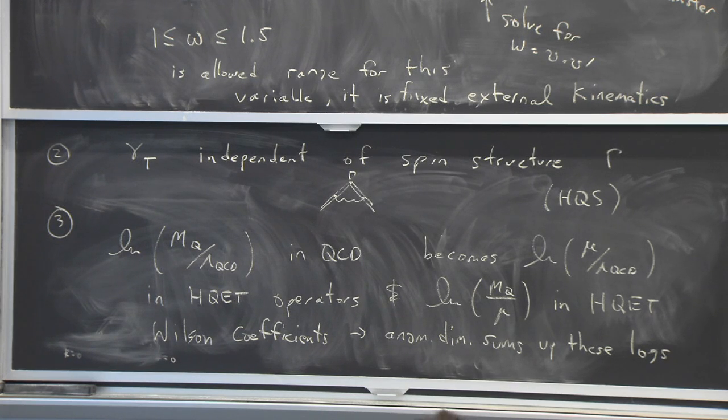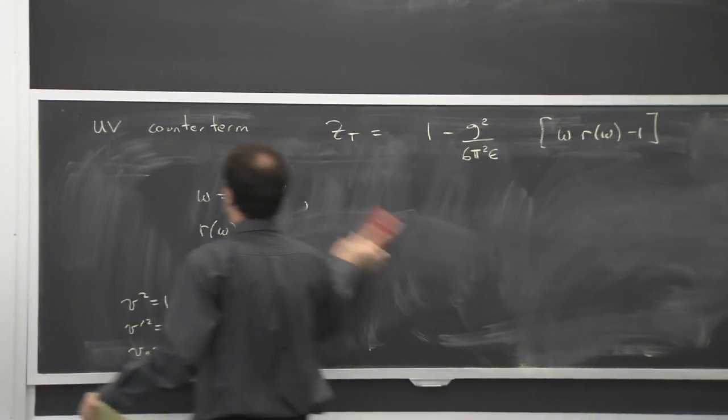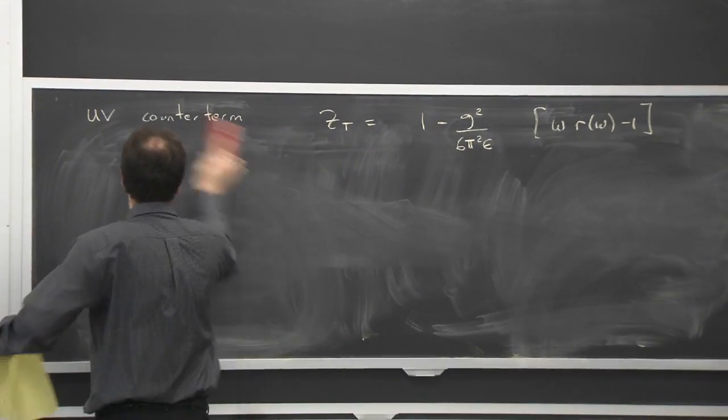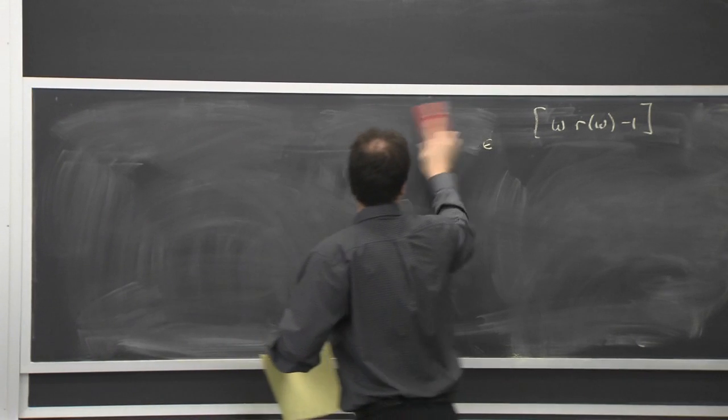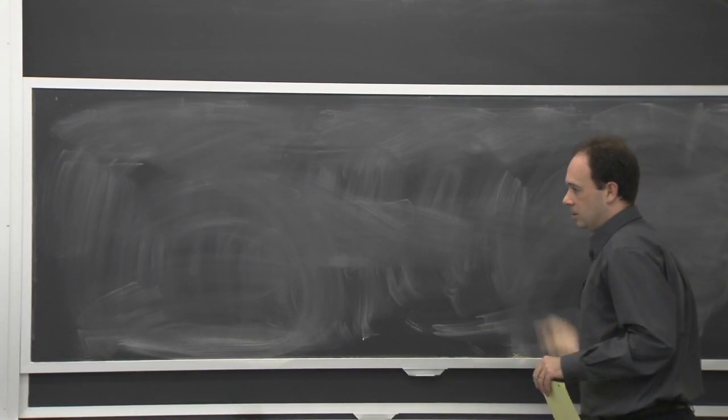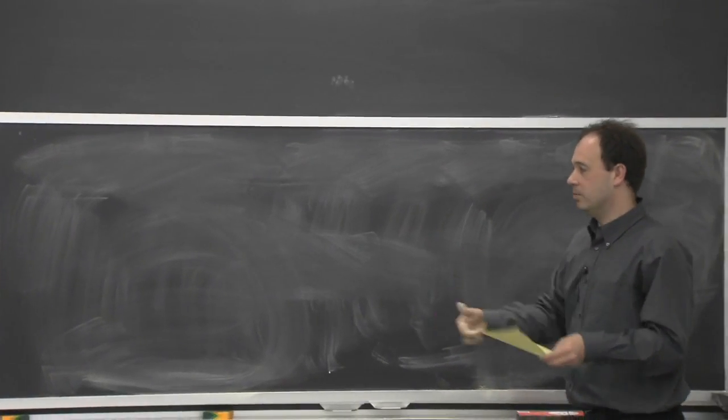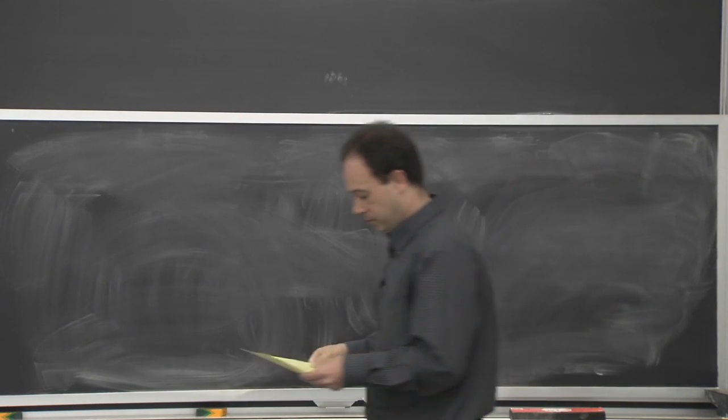It's just this guy here. Okay, so the new wrinkle that can come in HQET is that the anomalous dimension can become a more non-trivial thing.